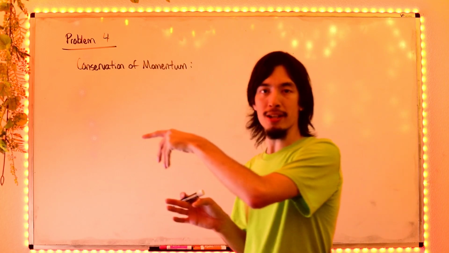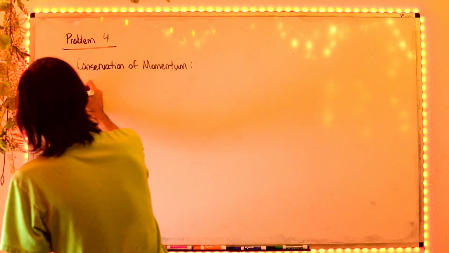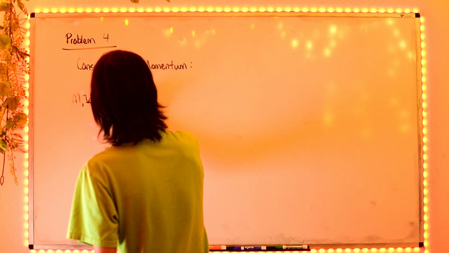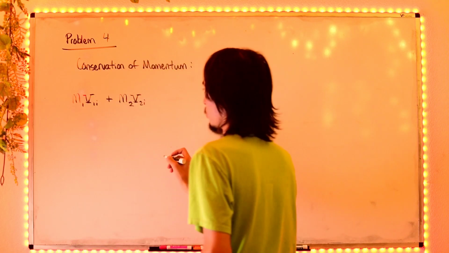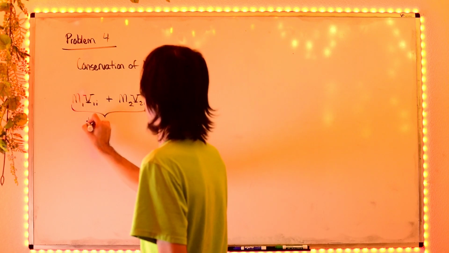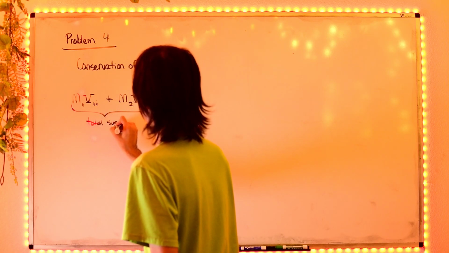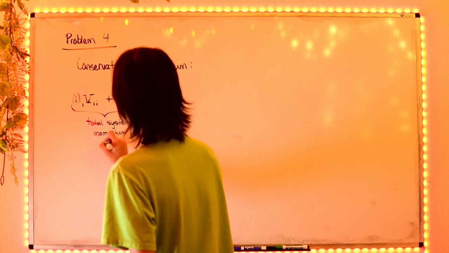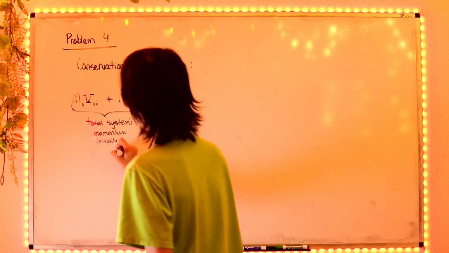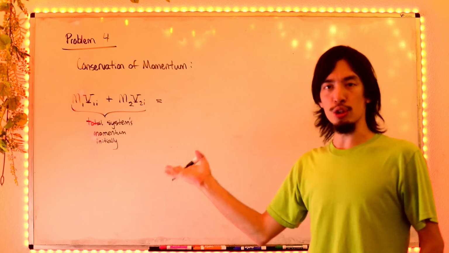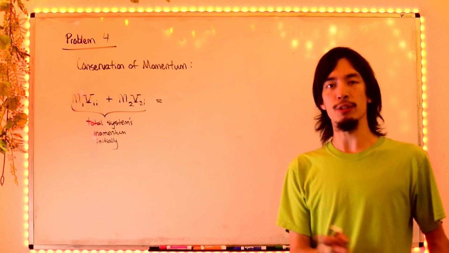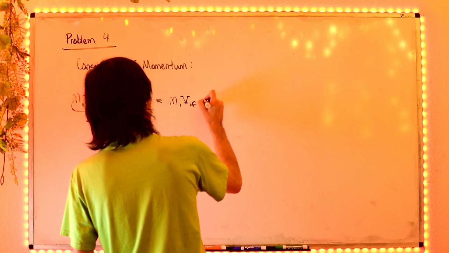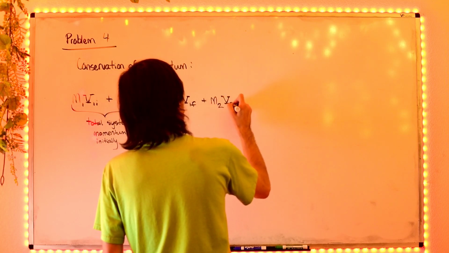So the total momentum in the system initially, which is the momentum of 1, m1 v1 initial, plus m2 v2 initial, the momentum of 2. This is the total system's momentum initially. And to be conserved, we would have the same thing after, but for the final situation. So the total system's momentum after is m1 v1 final plus m2 v2 final.